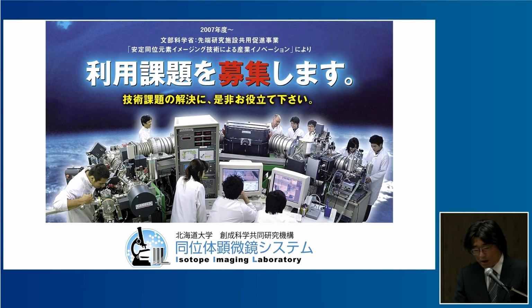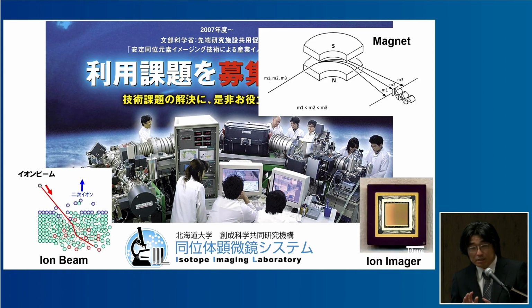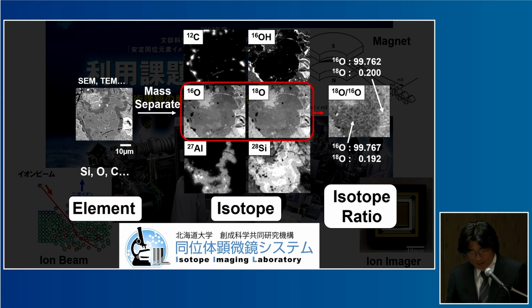This is a photo of the isotope microscope, which images the isotopic distribution of a solid surface. I won't go into detail, but it's a kind of mass spectrometer using a sector-type magnet. MRI also uses magnetic power, so it's very close. This machine can make images.